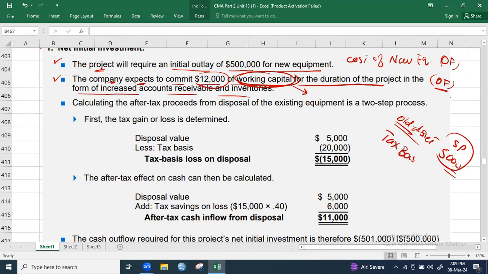What is tax base? Usually in accounting, we have carrying value, which is cost minus accumulated depreciation. When you take the cost of the asset and deduct accumulated depreciation, this is called carrying value. So what is the tax base? Tax base means cost minus accumulated depreciation, but this depreciation should be calculated as per tax rules.